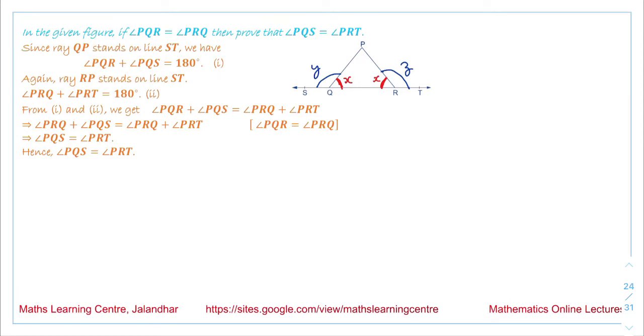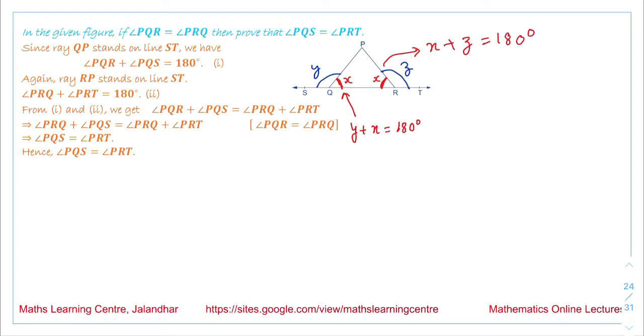So if this is a straight line, what we get is y plus x is equal to 180 degrees. And if this is a straight line, then this angle x plus z will be equal to 180 degrees.